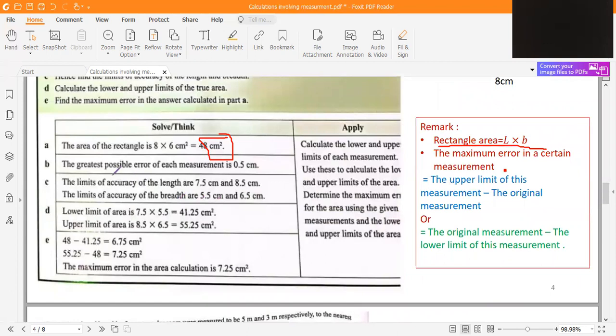But the area involves the multiplication of two values, each given in the same measurement unit. For example, we have 8 centimeters by 6 centimeters.